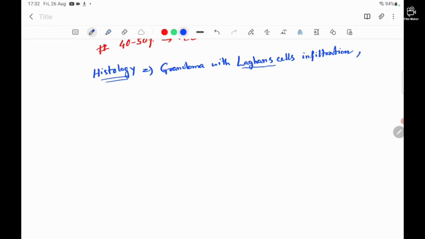You will find inflamed cells and epithelioid cells.